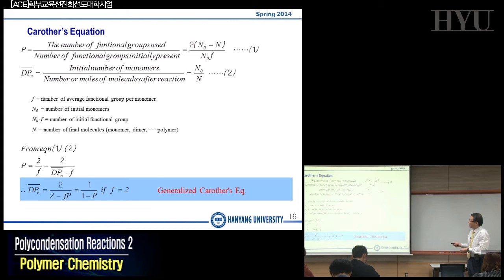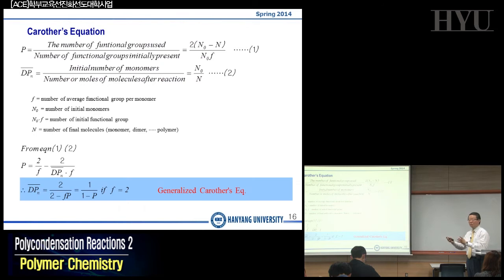N0 is the initial number of monomers. So N0 times F is the number of functional groups that is initially present in your system. N is the number of final molecules, the number of molecules that can be found after reaction time t.